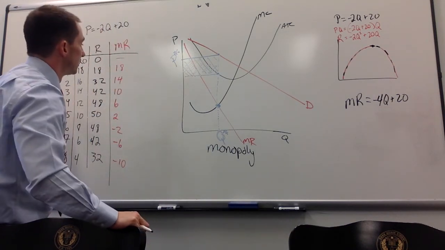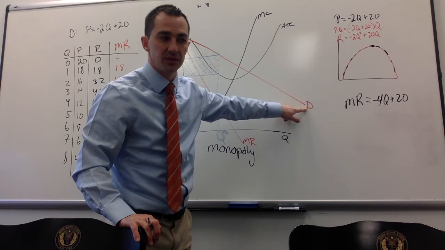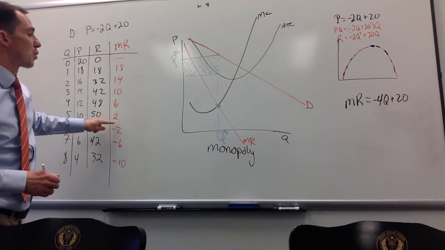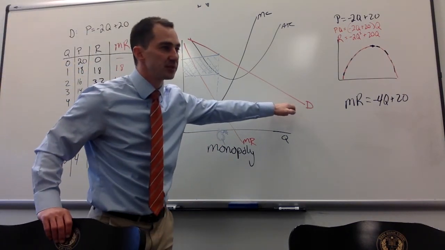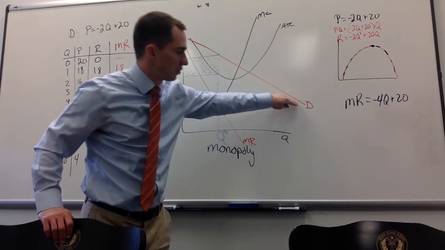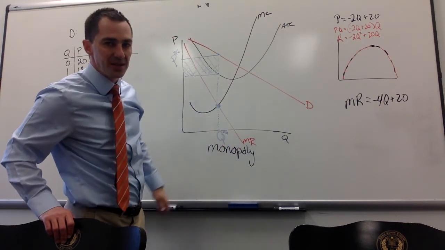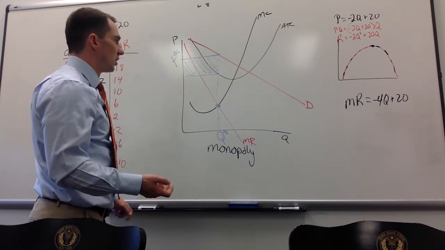Demand, the fact that the monopoly faces the entire demand curve. The biggest component is that the marginal revenue decreases twice as fast as the demand curve. Here's the slope of the demand curve, and the slope of the marginal revenue is steeper, in fact, twice as steep.